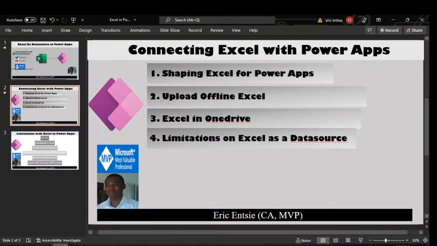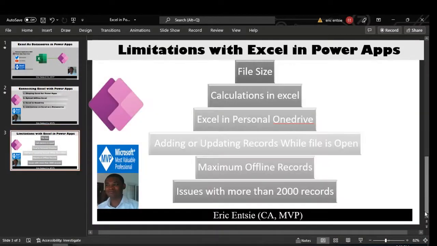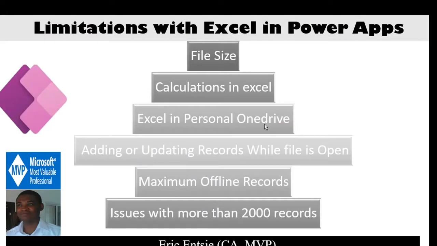data source. Now, Excel, as far as I'm concerned, is not a very good data source. Of course, the documentation also makes it clear, due to a number of factors. First of all, when we look at the file size for Excel that you'll be able to upload, it is about 2 megabytes.